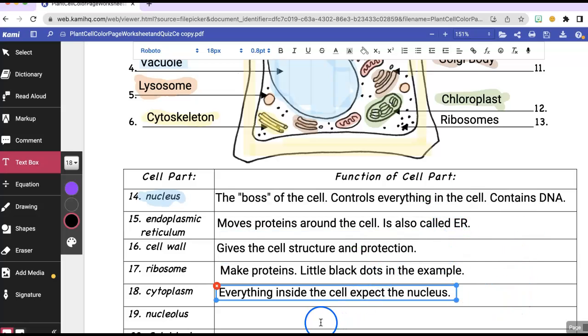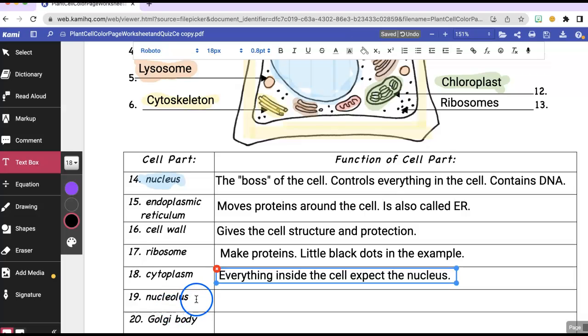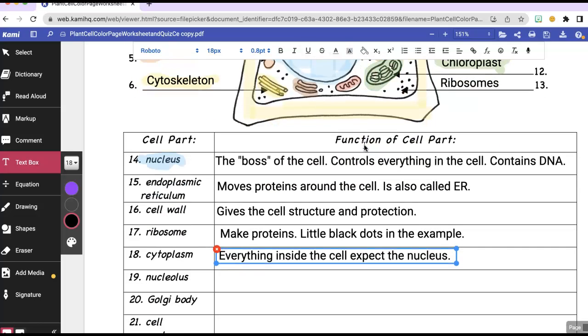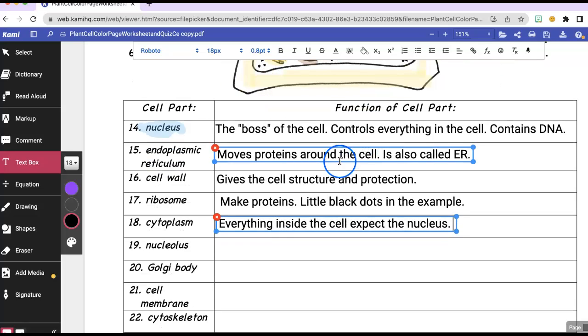Okay. Next is number 19, the nucleolus. If you're looking at your paper, that's up here, number 9. It's the center or the smaller portion of the nucleus where this green circle is filled in. And the nucleolus is made of protein and RNA, and it makes the ribosomes.